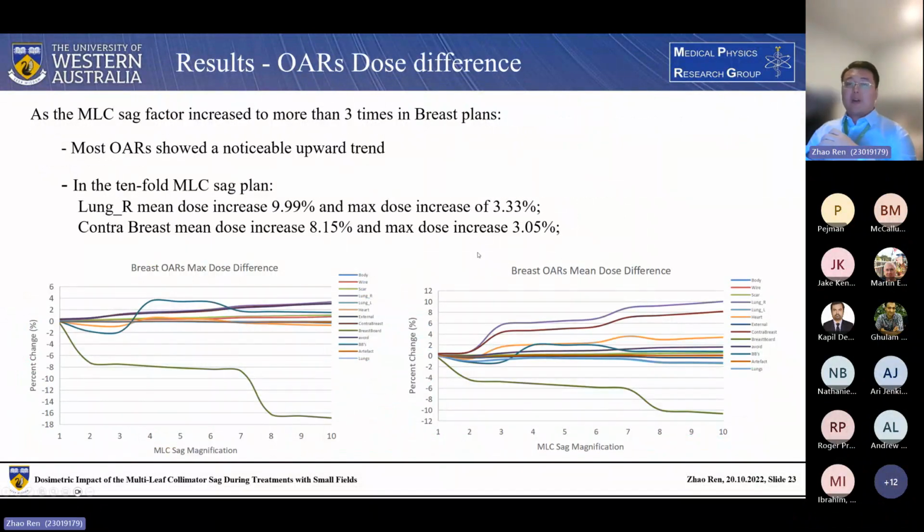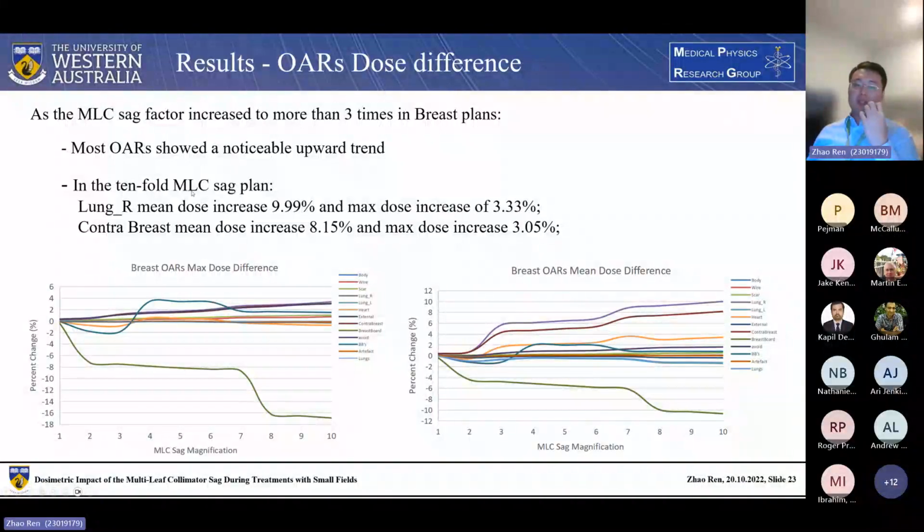So as we can see, the OAR's dose has changed in the breast plan. So this time we will do the OAR's dose difference comparison. As the MLC sag factor increases to more than 3 times in breast plans, which are the big field plans, most OARs show a noticeable upward trend.